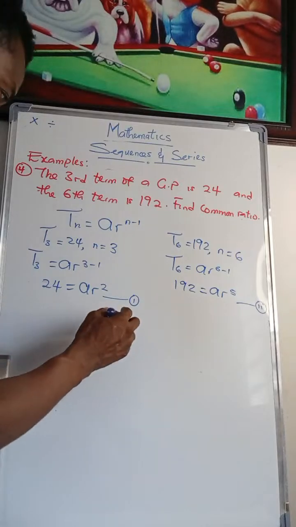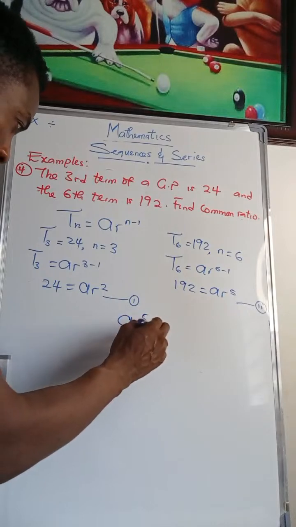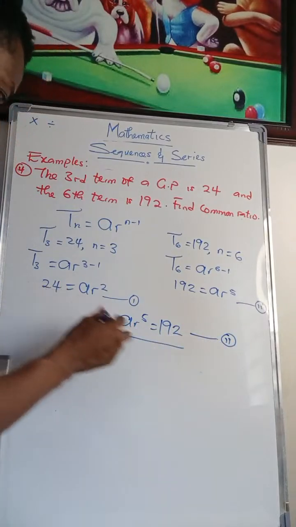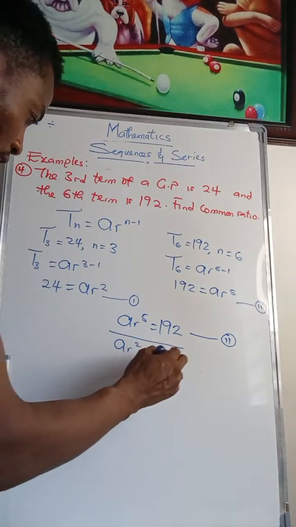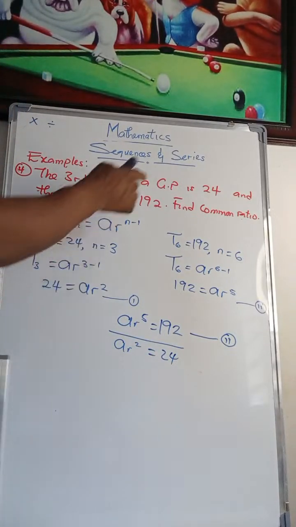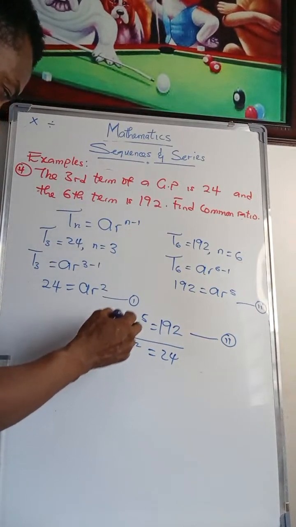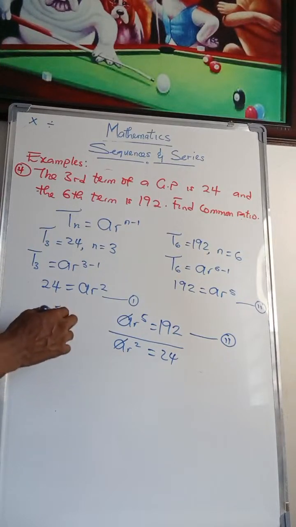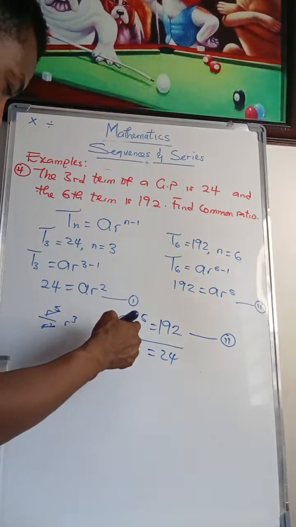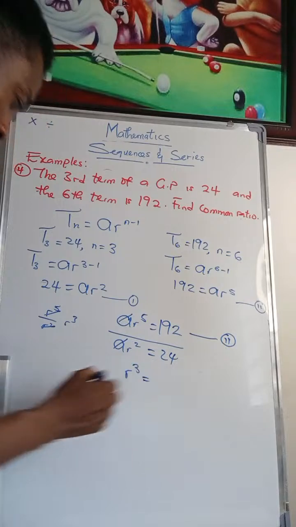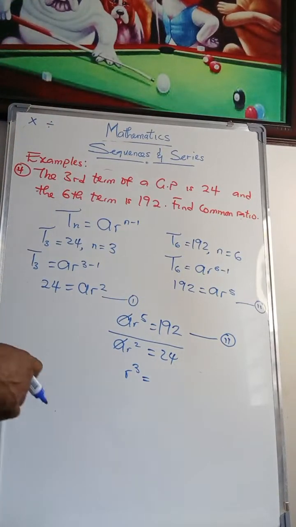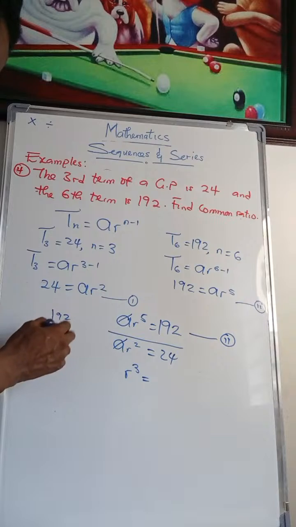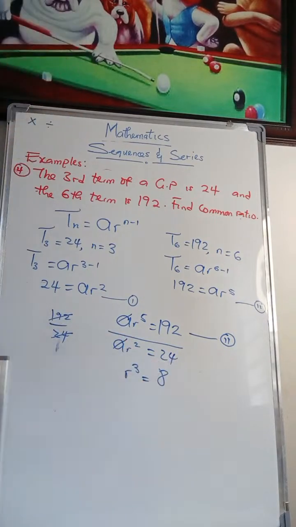Equation 2 is AR raised to power 5 equals 192, and equation 1 is AR raised to power 2 equals 24. A cancels A. R raised to power 5 divided by R raised to power 2 gives R raised to power 3, and 192 divided by 24 gives 8. So we have R raised to power 3 equals 8.